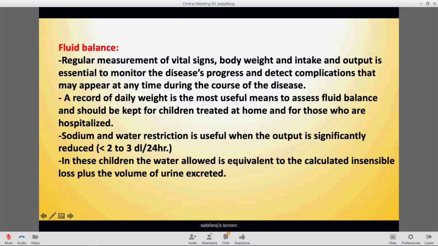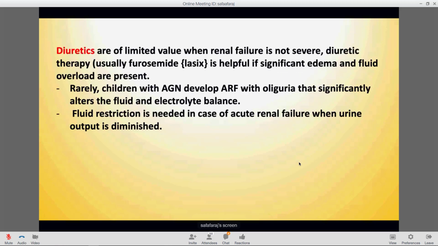Sodium and water restriction is useful when the output is significantly decreased. In these children, water balance should be calculated with the insensible loss plus the volume of urine output over 24 hours.